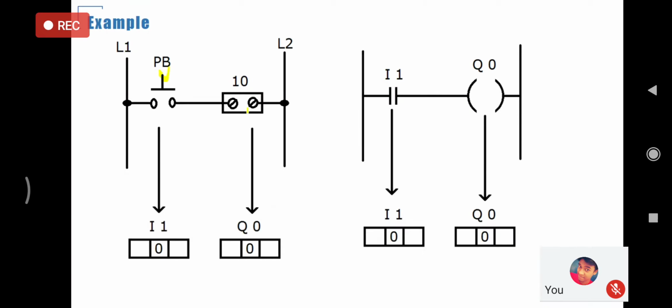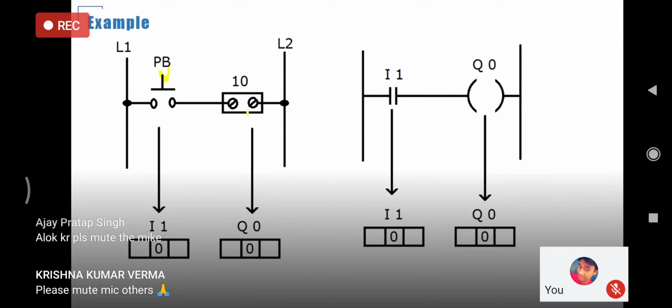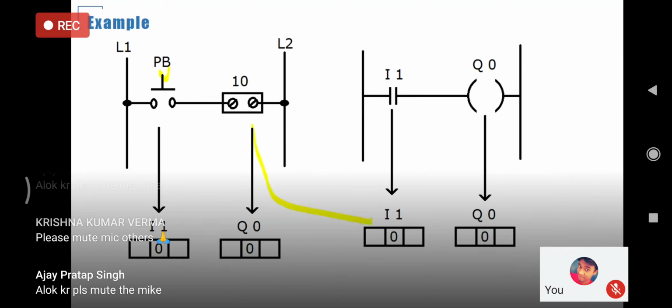So in digital language, the PLC is reading this as a 0 only.